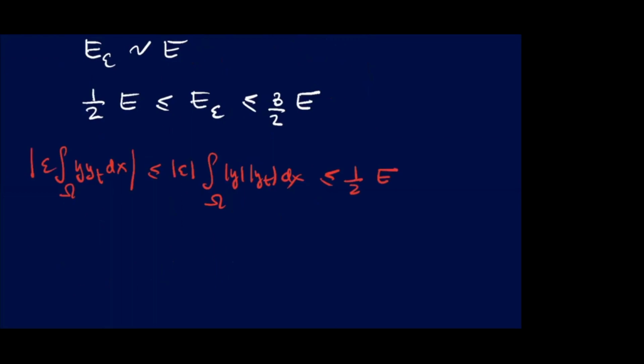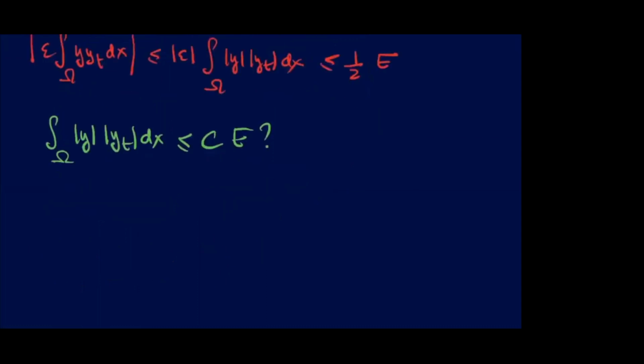Because I have an epsilon here, this will be true as soon as I am able to show that the integral over omega of absolute value of y times absolute value of yt is less than the energy.